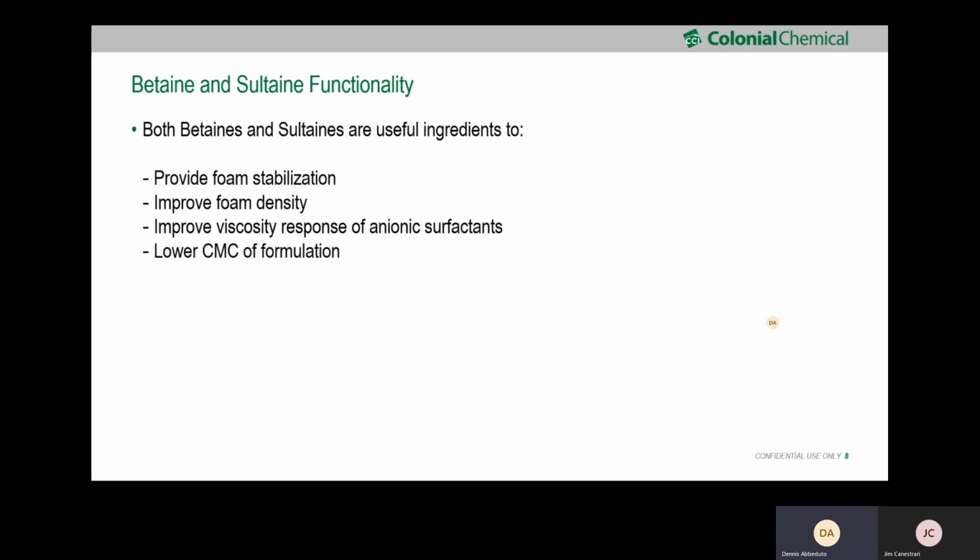They lower the CMC, or the critical micelle concentration, of a formulation when combined with anionics, and that's useful for improving detergency, improving wetting, and many other properties. But importantly, especially in the personal care arena, by lowering CMC, we're also able to reduce the irritation of primary surfactants. And that's one of the key uses for this type of chemistry in formulation.